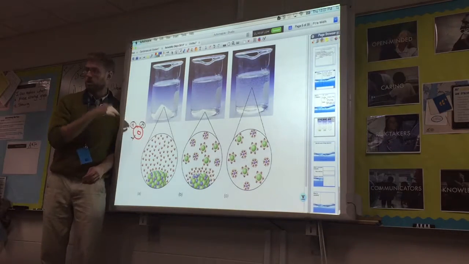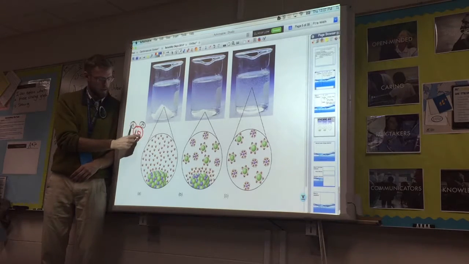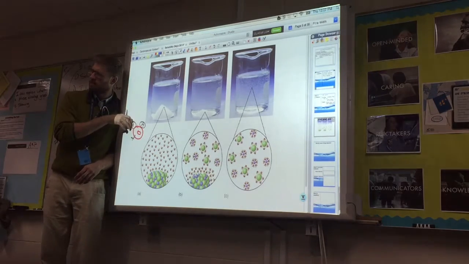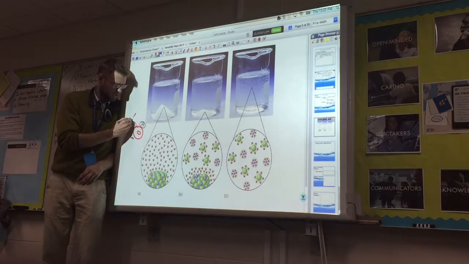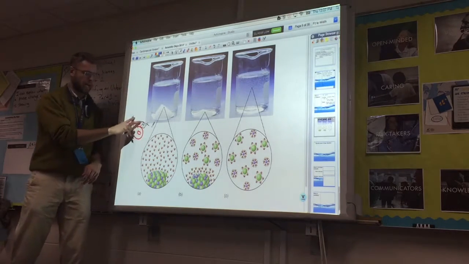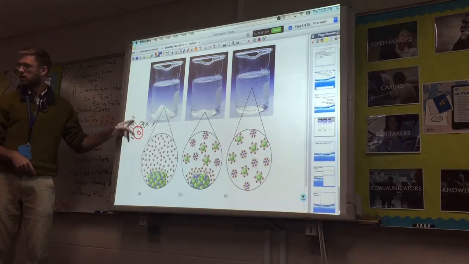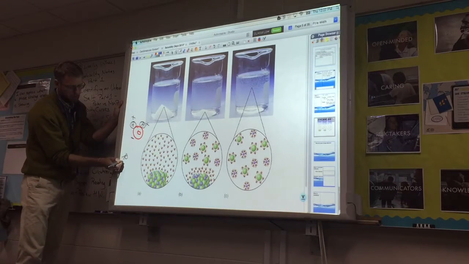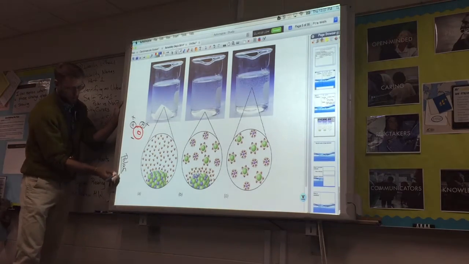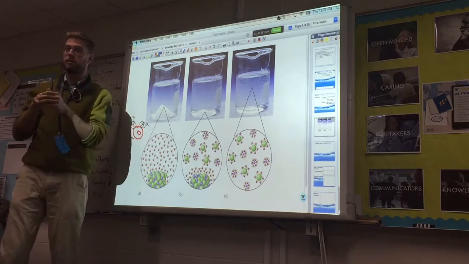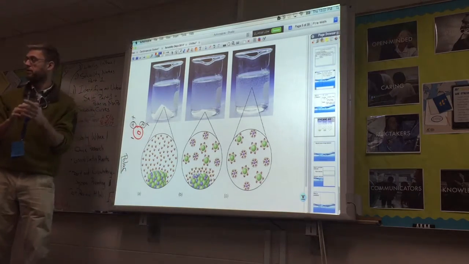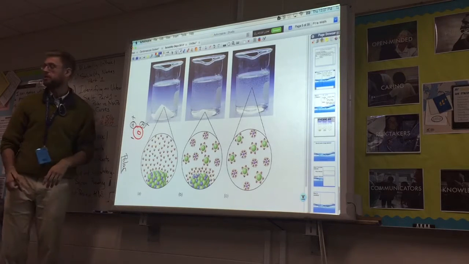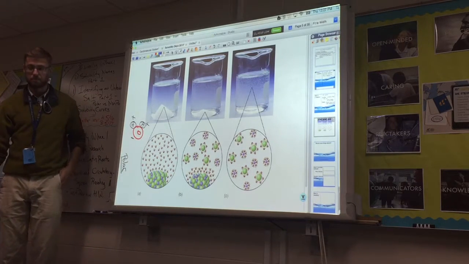That electron that should be balancing it out is spending more time down here, so it's kind of exposing that proton. And so you end up with a positive charge on that end of the water molecule. This makes the water molecule polar. Polar means it has a positive side and a negative side. Water molecules are polar molecules.